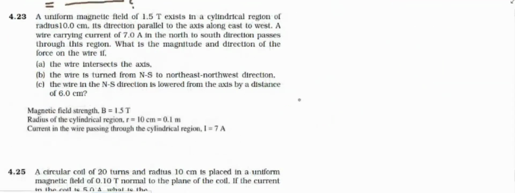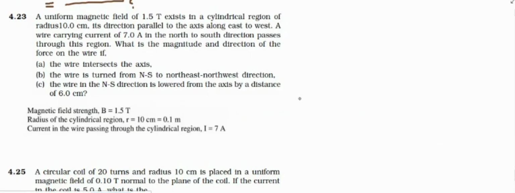Now next, question 23. A uniform magnetic field of 1.5 Tesla exists in a cylindrical region of radius 10 centimeter. Its direction is parallel to the axis, along east to west. A wire carrying current 7 ampere in the north to south direction passes through this region.